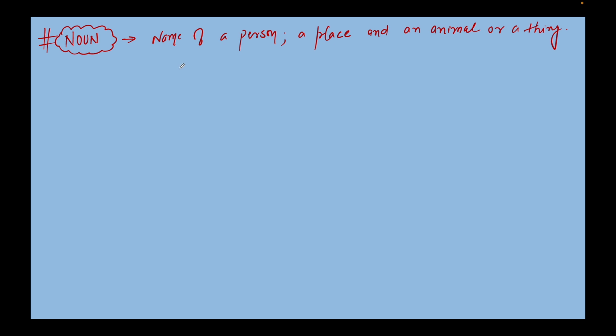Means in childhood we discussed the definition of a noun as the name of a person, place, animals, and things. Then that name is known as a noun. Is it clear?